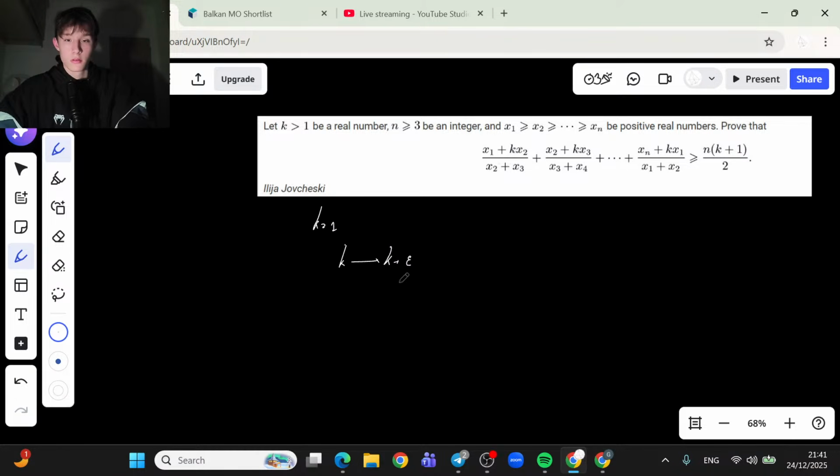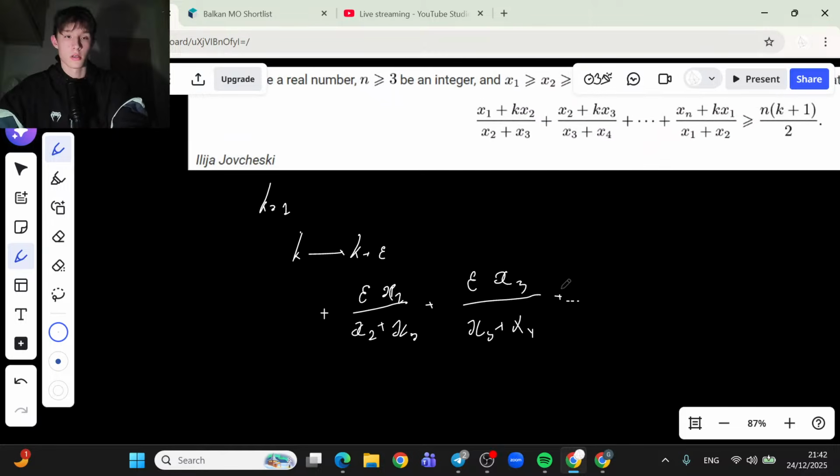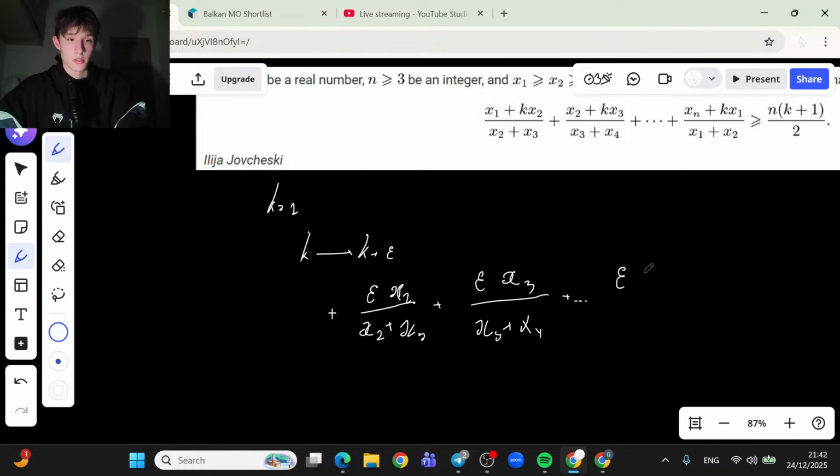The left hand side increases by epsilon, and the epsilon essentially cancels out, right? What we add is essentially epsilon times x2 over x2 plus x3, and then plus epsilon times x3 over x3 plus x4, and so on, and at the end we also get epsilon times x1 over x1 plus x2.